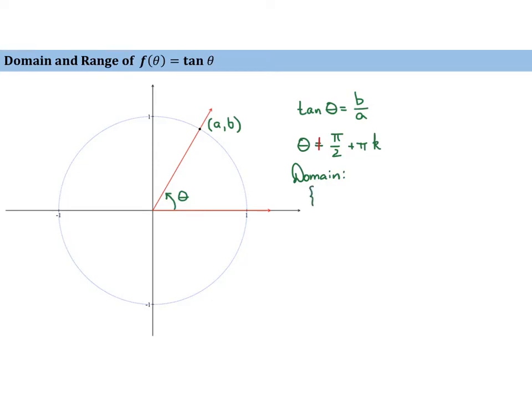The domain is the set of all theta where theta is a real number and theta does not equal pi over 2 plus pi k for integer k.